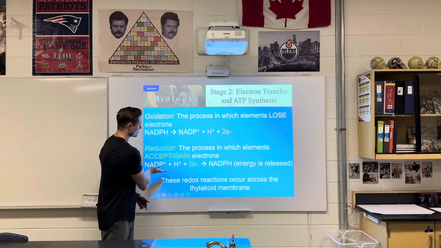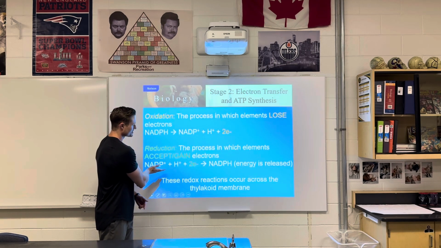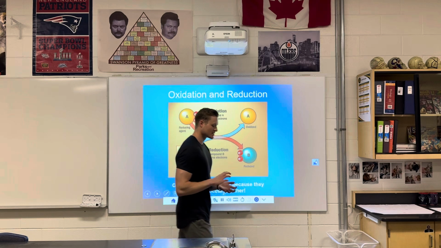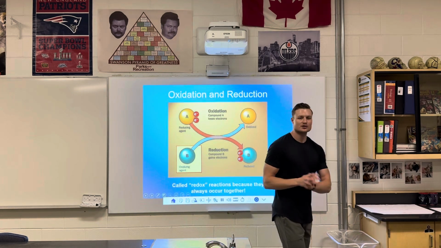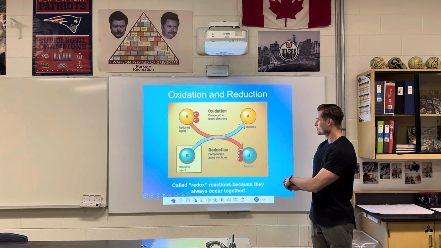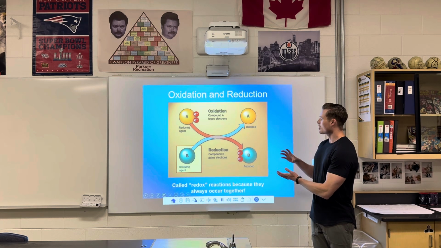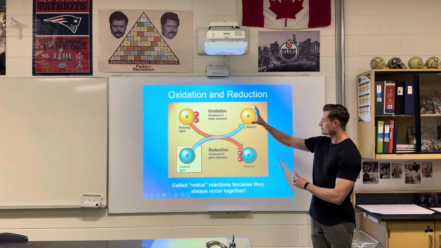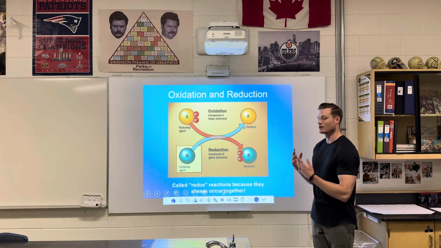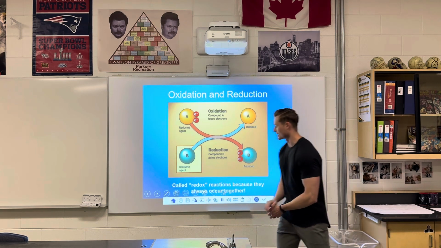The electrons are on the reactant side of the process. When we put these two reactions together, we call it a redox reaction, where one thing is oxidizing and one thing is reducing. We always combine these, where something is being reduced and something is being oxidized, and overall we call this a redox reaction.